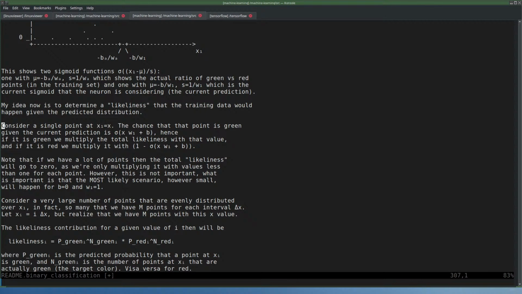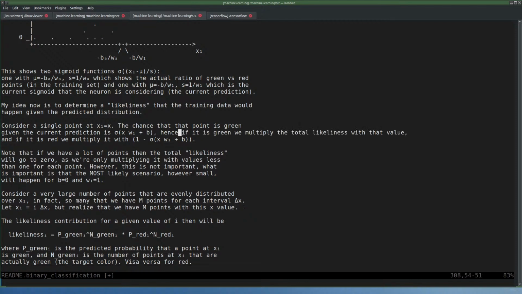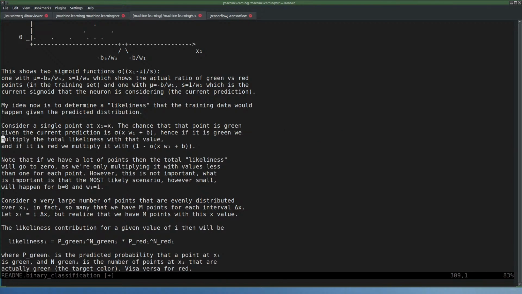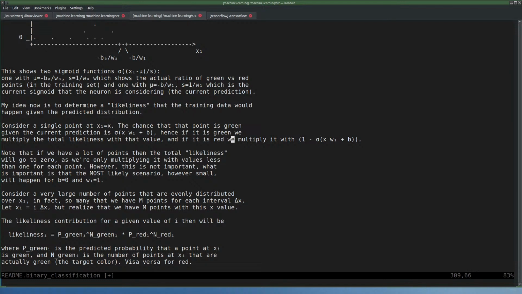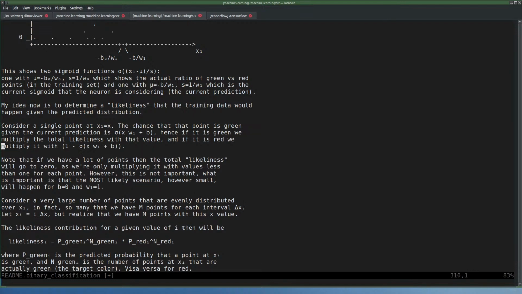The chance that this point is green given the current prediction is sigma of x times w1 plus b. You see here, if I say this and you read this, then you're like, yeah, what? Why? But if you read all of the above in this README, then that's kind of obvious by now.